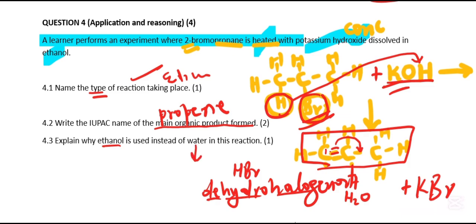If we use water, it means we are diluting the KOH, therefore substitution happens. So we use ethanol to keep the KOH concentrated, so that the elimination reaction occurs.